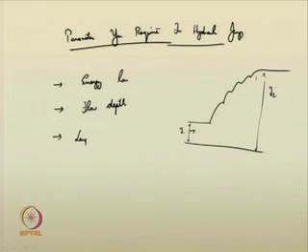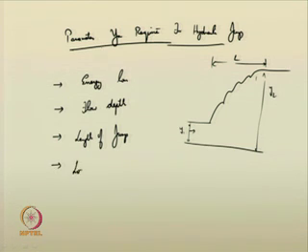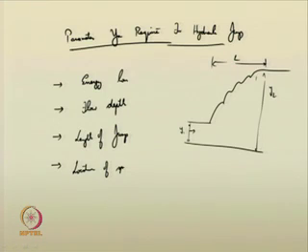The length of the hydraulic jump, from here to here, how much length is required, also becomes a parameter. Location of the jump, whether it is below a spillway or below a sluice gate, is another. These are some of the parameters essential for analyzing hydraulic jump.